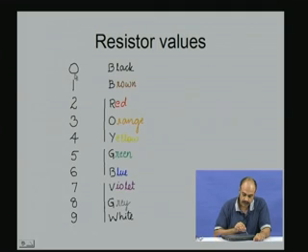The 0 is represented by black, 1 is represented by brown, 2 by red, so on and so forth. 3 is orange, yellow, green, blue, violet, gray, white, till 9. So, each color as given represents a numeric value.